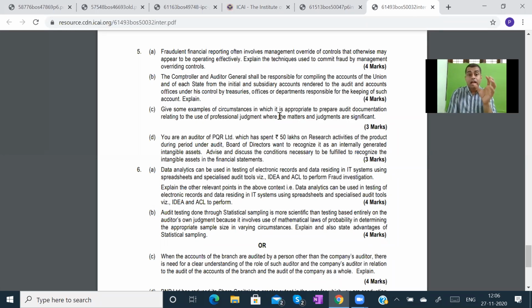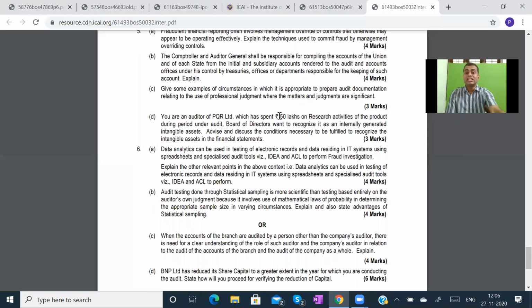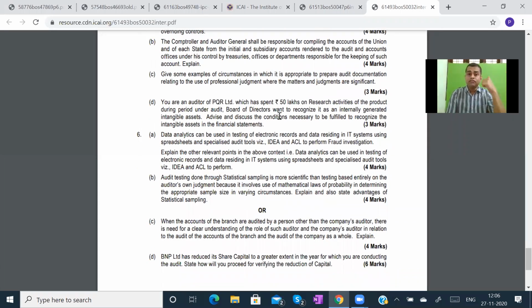In that, the Controller and Auditor General's responsibilities and duties, 9 points, we have discussed. In those 9 points, do you remember the Controller and Auditor General is responsible for compiling the accounts of union government, state government, and union territory? That para you need to write. That's all. Next. Read the next one.